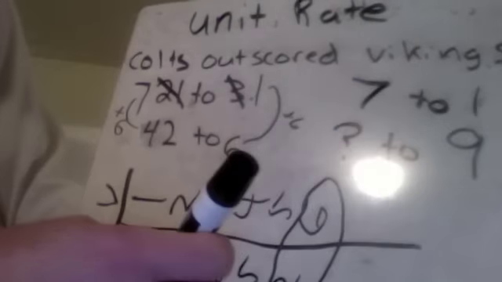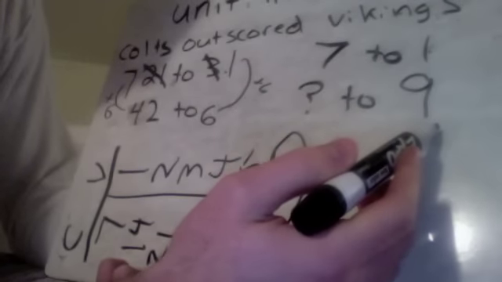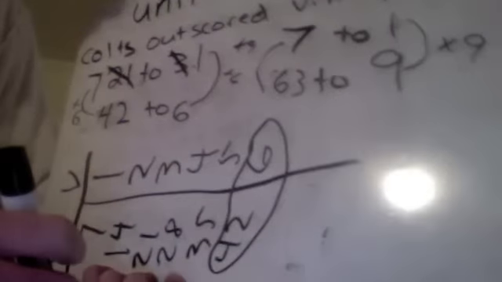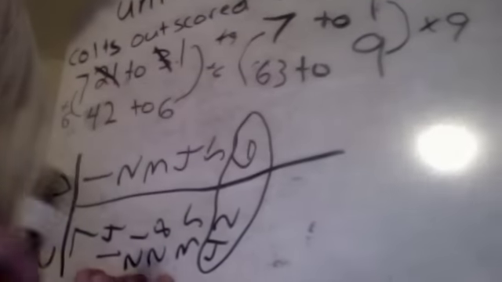So if we know the Vikings are going to eventually score 9 and the ratio is 1, to get from 1 to 9, that's just times 9. So if I times the other side by the same thing, 7 times 9 is going to be 63. So my answer would be if the Colts score 63, the Vikings are going to have 9.